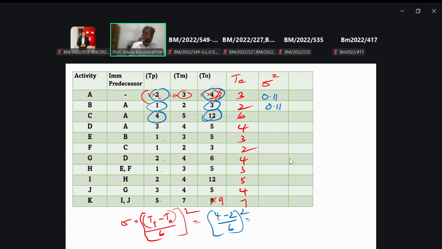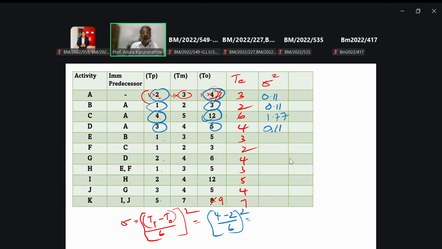Take the square of it, 1.77. Then next one, 5 minus 3, that is 2. Then 2 over 6 squared, 0.11. Am I correct?